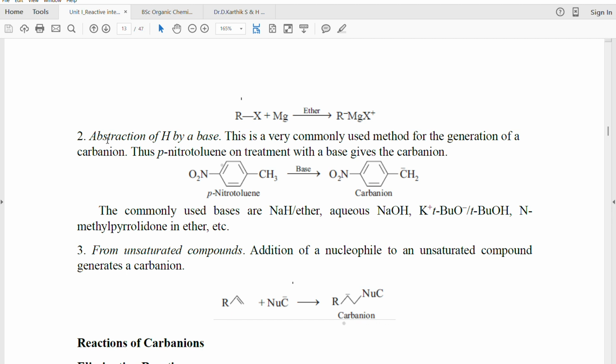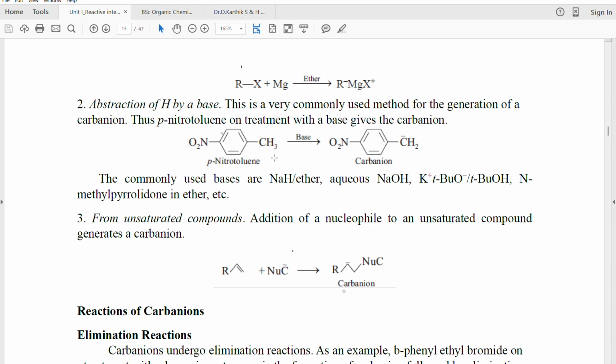And the second method is the abstraction of proton by a base. So when you add a base to a particular substance or an aromatic compound where there is a possibility to produce the carbanion. Not all the alkyl compounds will produce the carbanion, it should have a little acidic character, or it should have a halogen atom nearby. So in that carbon atom only the base will work and it will remove the protons.